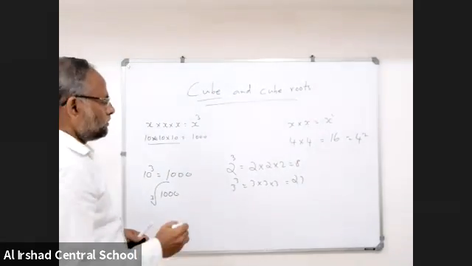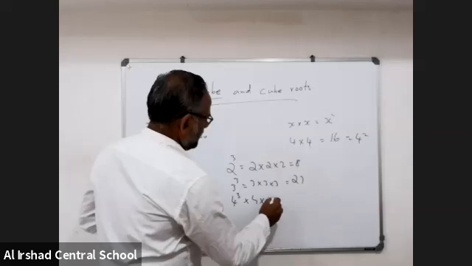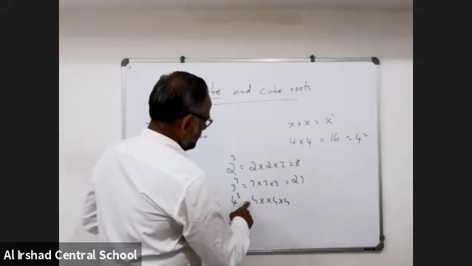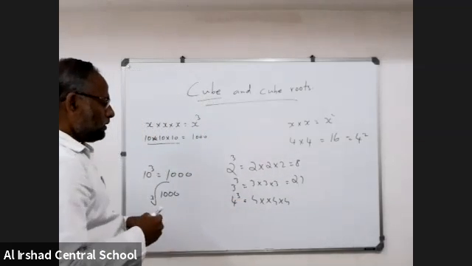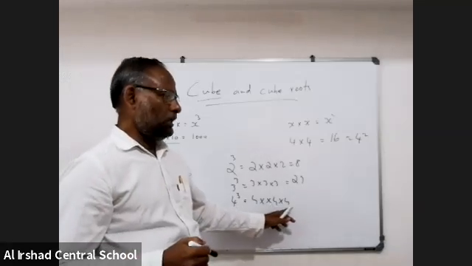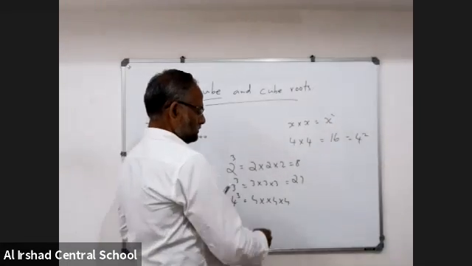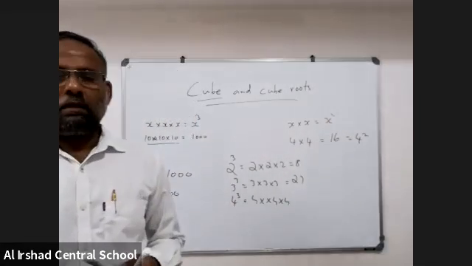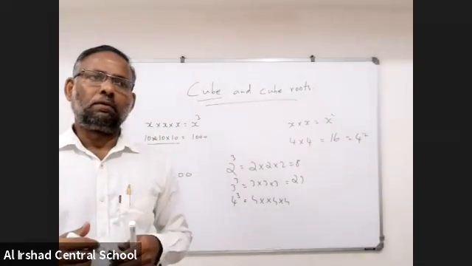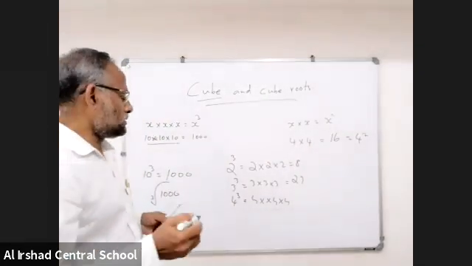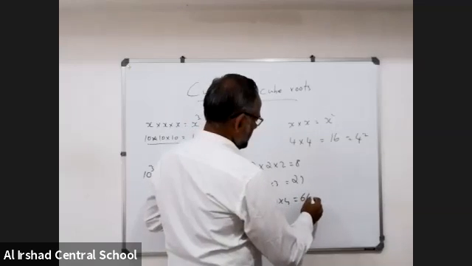Yes. 4 cube means 4 into 4 into 4. 4 into 4 is 16, 16 into 4. Double of 16 is 32, and double of 32 is 64.